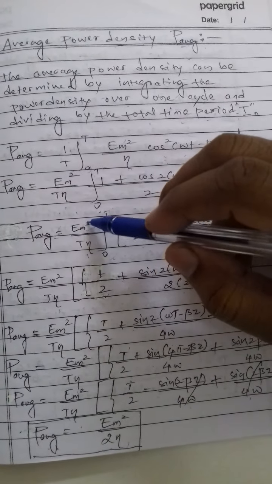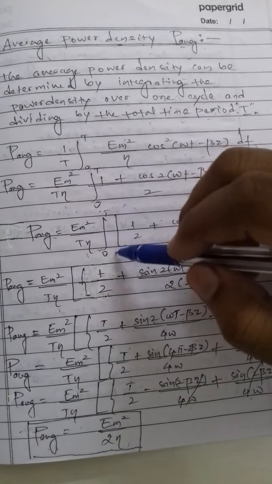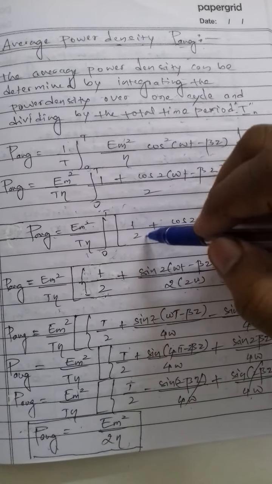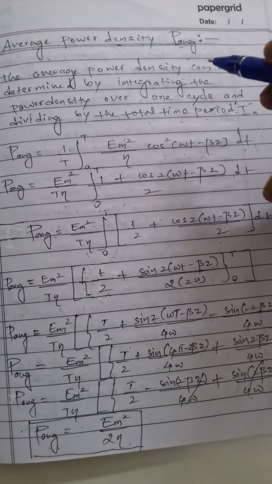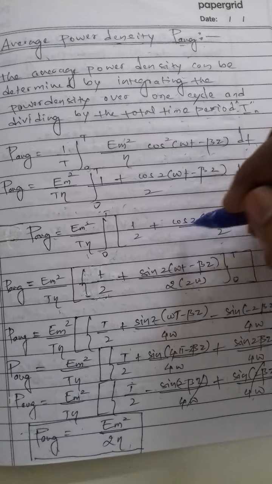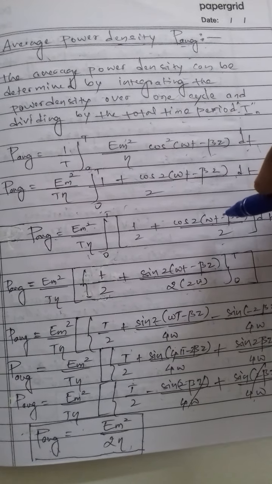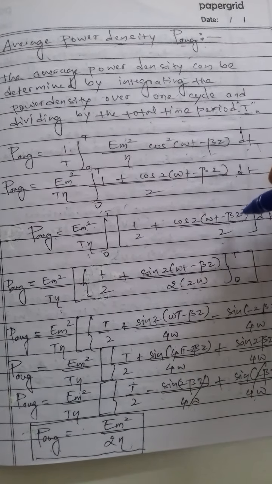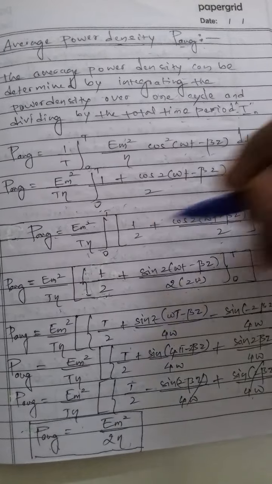Average power density is Em square upon T eta integral 0 to T of the bracket 1 by 2 plus cos of 2 omega t minus beta z upon 2 dt.